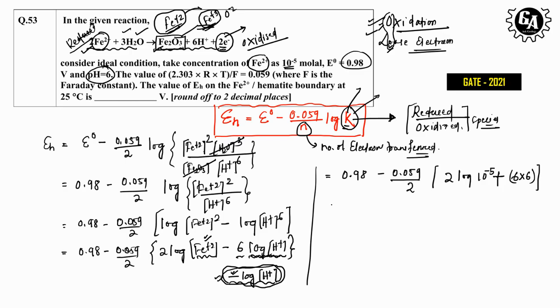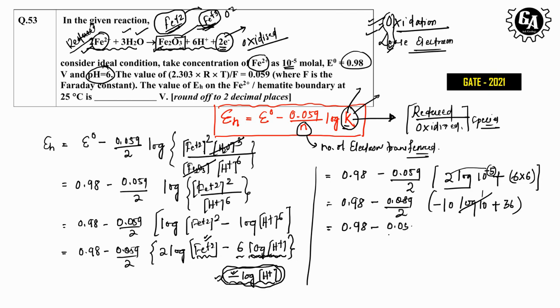Okay, let it be. We'll have to calculate 0.98 minus 0.059 divided by 2. This is 2 log 10 to the power minus 5, so this minus 5 will come here, minus 10 log 10 plus 36. Log 10 value is 1, so minus 10 plus 36, this is equal to 0.98 minus 0.059 divided by 2 times 26.